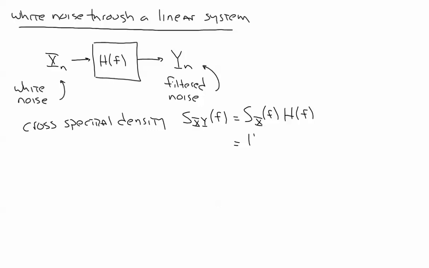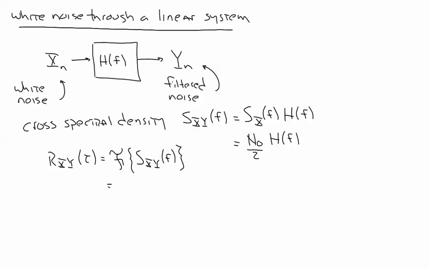This is N naught over 2 times H of f. Taking the inverse Fourier transform of that, I get the cross correlation, and what I end up with is N naught over 2 times the impulse response, little h.